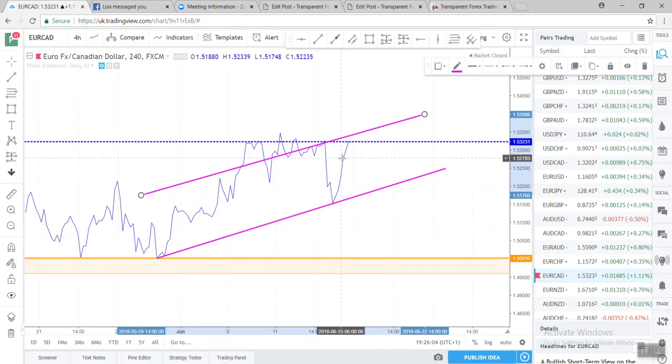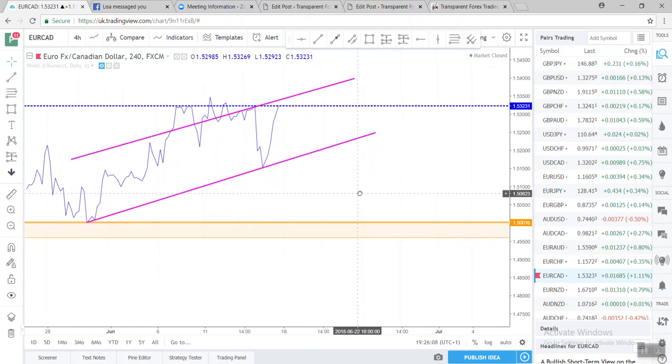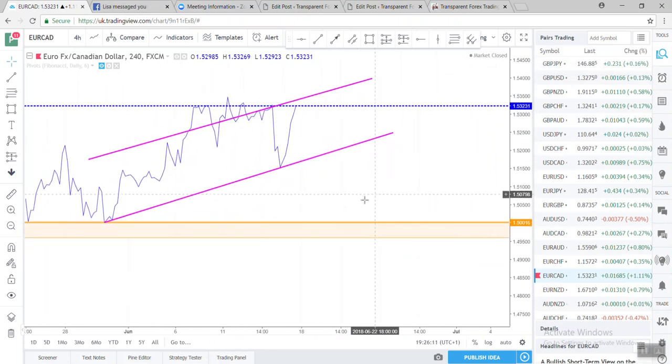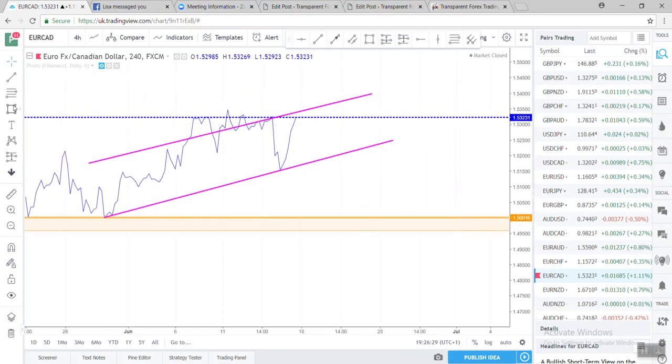So not great, but again, even though it's not considered a proper channel, it's not even considered a proper trend line because we've only got 2 touches. But if it respects this line here and comes down, you still trapped it between your 2 lines, your 2 parallel lines. Where can it go? It can only go 2 ways.